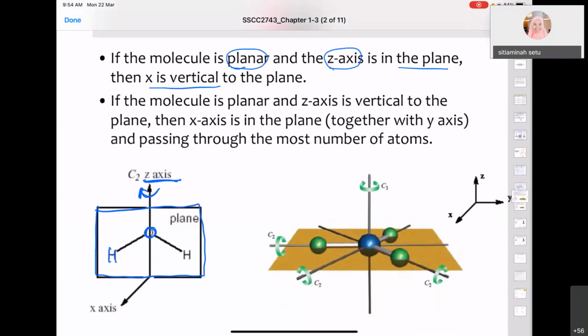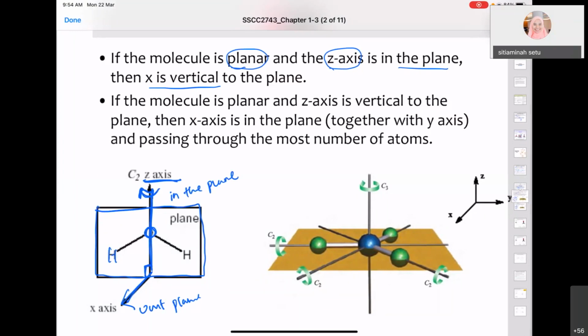And then Z axis tu adalah dalam plane. So that's mean the X axis mestilah out of plane. So this is in the plane. So X axis must out of the plane. Okay, dia mesti 90 degree. Okay, dia punya sudut dia.